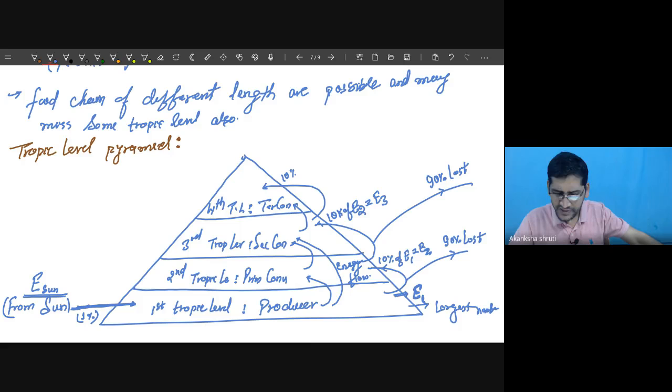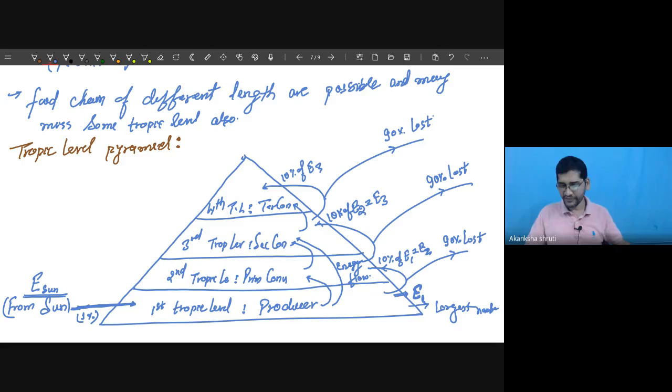So 10% of E3, and the remaining 90% of E3 is lost. Are you getting it? So this rule of transferring energy between successive levels is called the 10% rule.